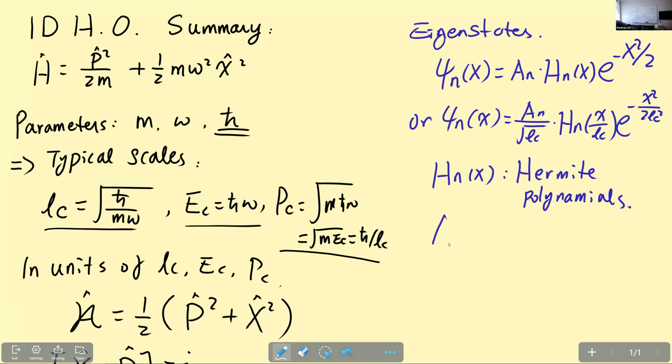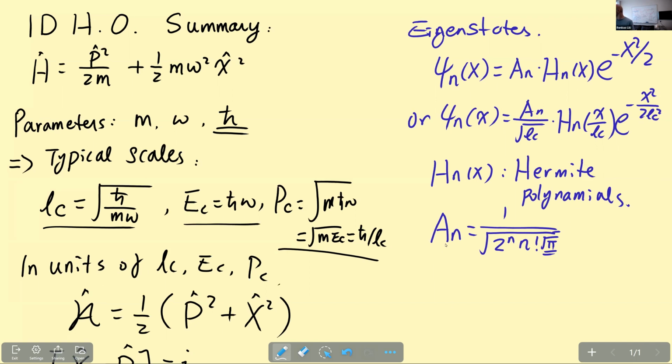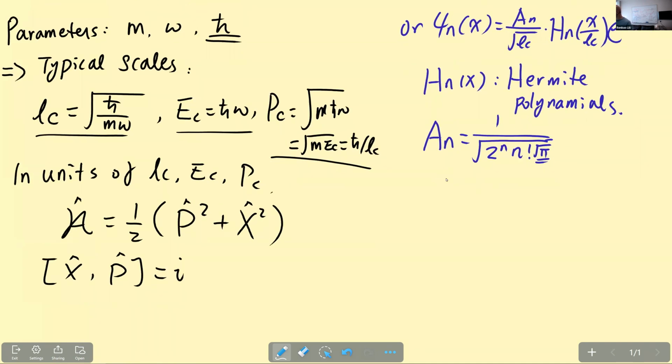And this normalization factor actually equals, times the square root of pi. This one is for the Gaussian function, and the in-front factor is for the polynomial.